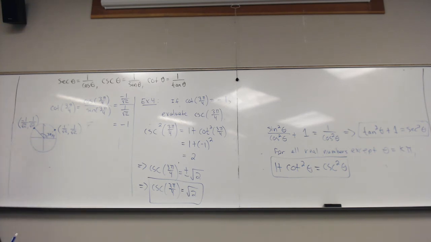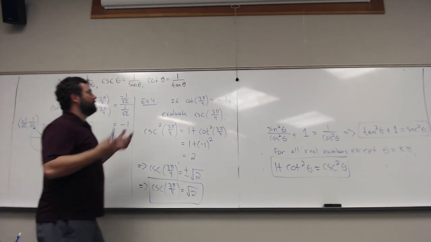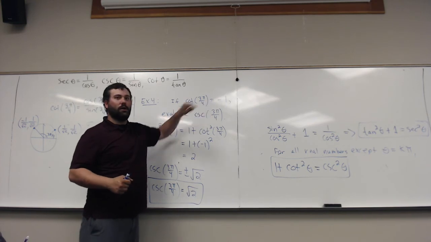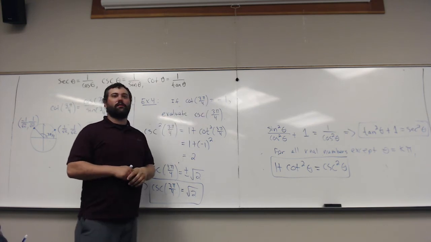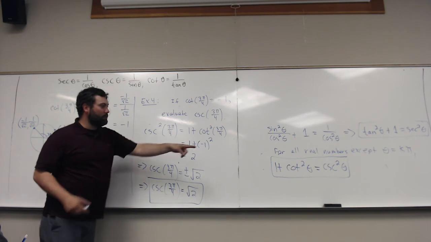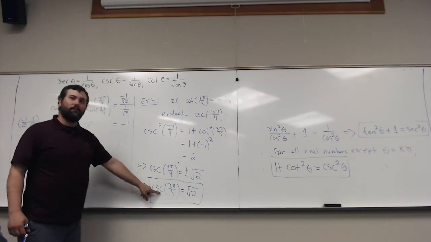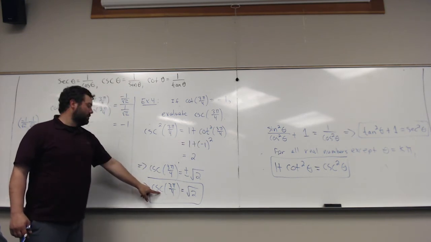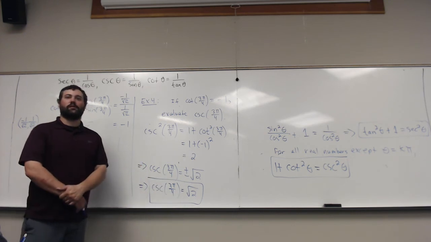I was just wondering if you would ever ask a question like that, but where we have cotangent, if you would have us find sine. Yeah, I could. I could have said if cotangent's -1, find sine of 3 pi over 4. And then you could still use this identity to find cosecant first, and then just know that sine is just the reciprocal of this value.